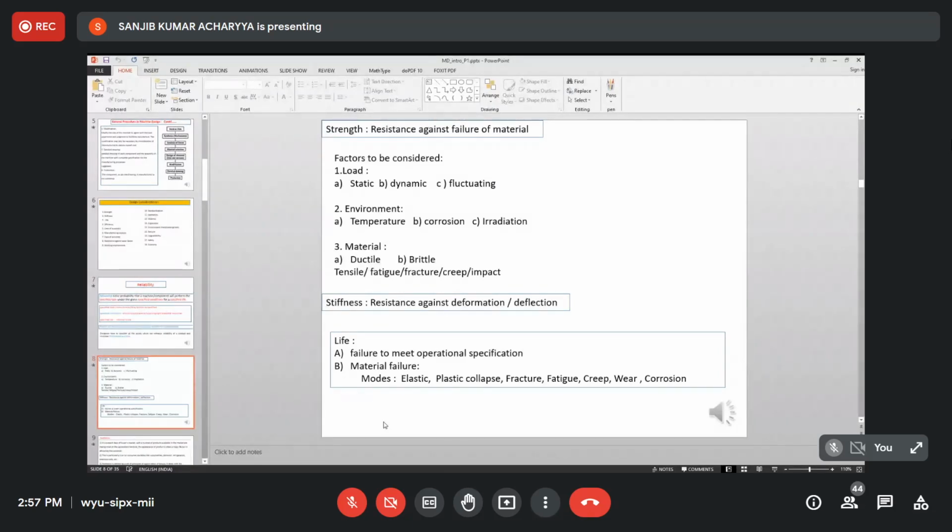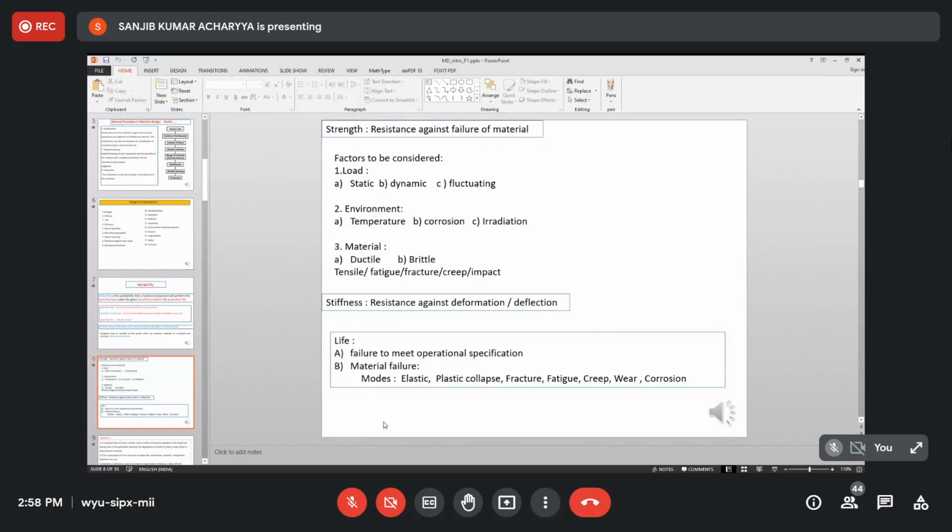Then also it is a failure. And up to the failure point, it is the life of the product. So for life, you have to know how you are defining it. Whether failure is caused by failure to meet the operational specification, or by material failure such as rupture.